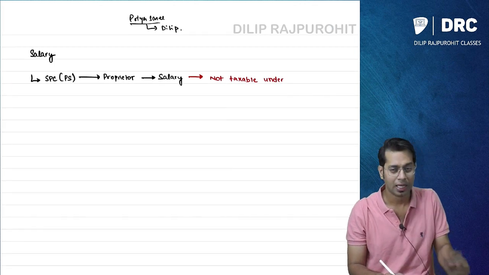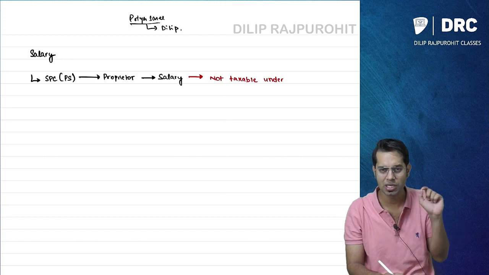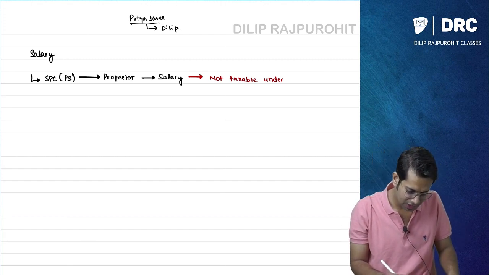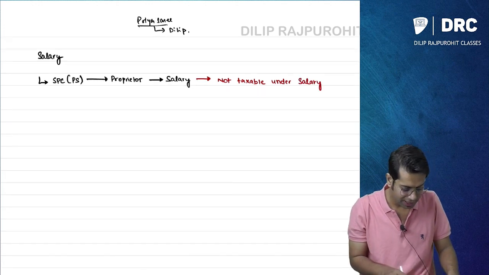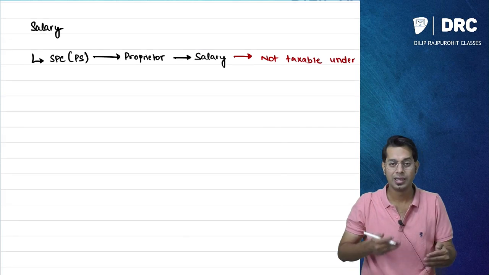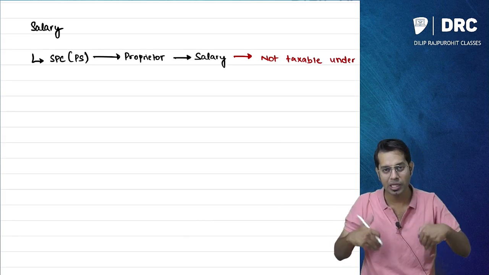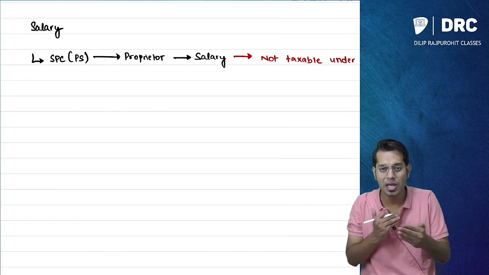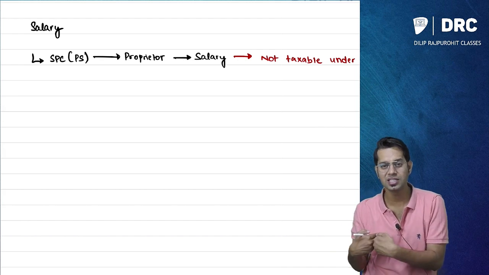Though Priya Saris writes in its books of accounts that it has paid salary to Mr. Dilip, this amount is not taxable under the head salary for Mr. Dilip. Why, sir? Because there is no employer-employee relationship. I am only the employer, I am only the employee. It is not possible. For a relationship, there should be two people. How can I be in a relationship with myself only?